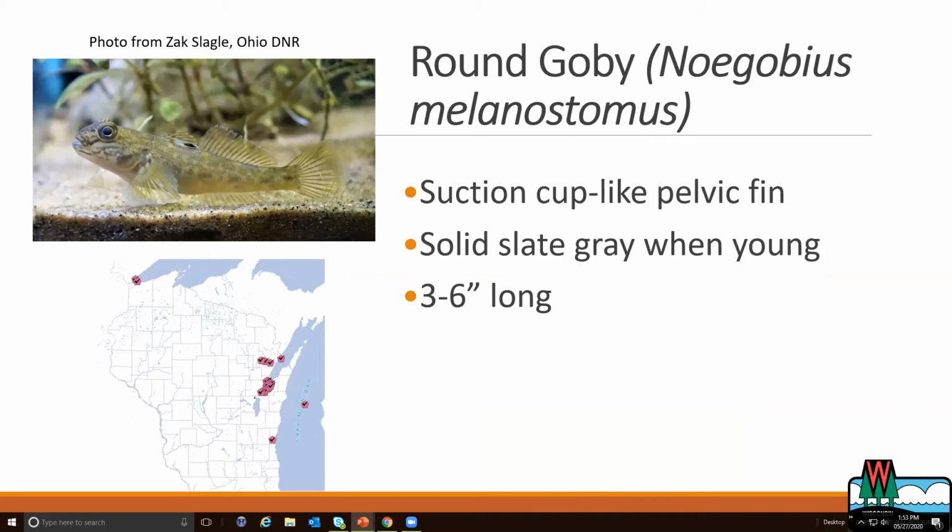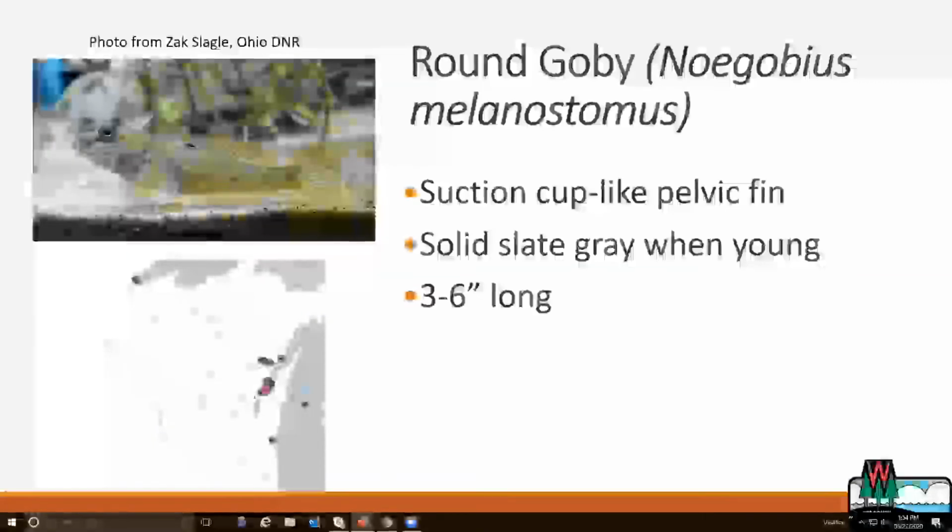When they're young, they're a solid gray color, and they take on this more mottled color that you see in the photo here as they age. Somewhere between 3 and 6 inches long. They can be just kind of held in the palm of your hand. And what's distinct is that they have a single pelvic fin with suction cup-like properties.